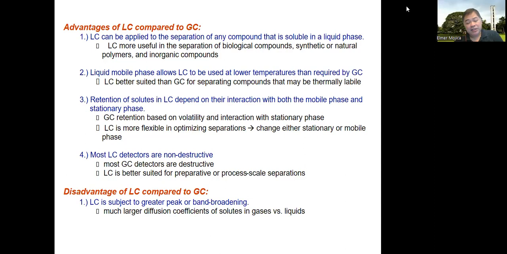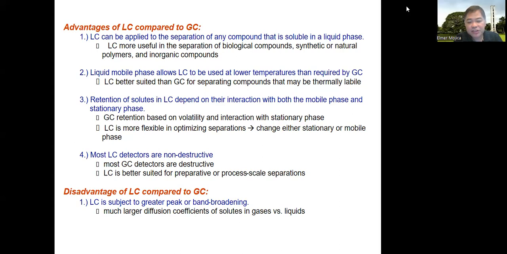So what the mobile phase does for GC is just carry the sample. But in LC, depending on the solvent that you have, your mobile phase can interact with the compounds that you're separating within a sample. So we could say LC has more flexibility in optimization. You can change either the stationary phase or the mobile phase. In GC, it's just the stationary phase.